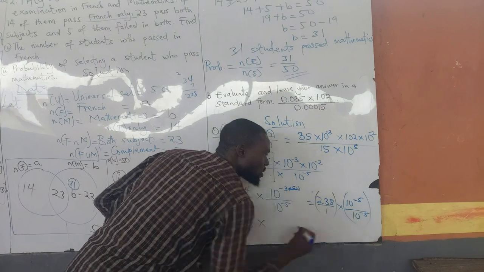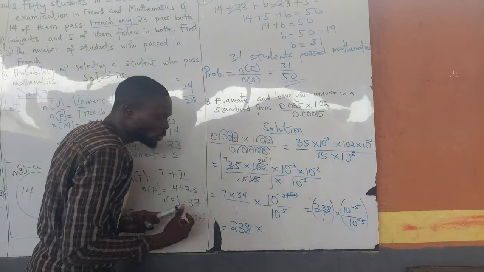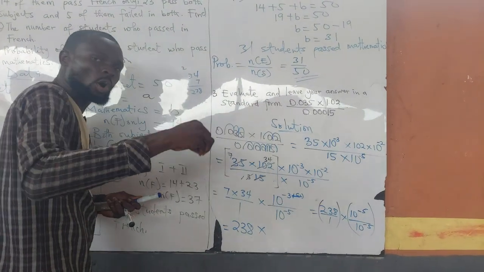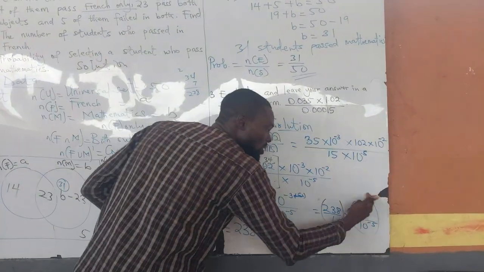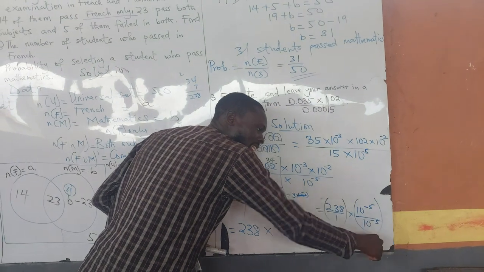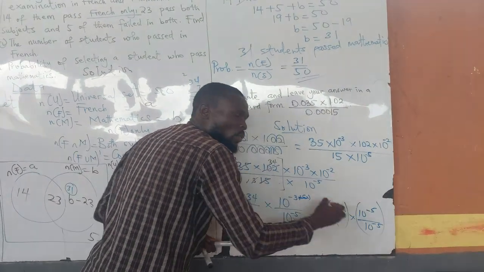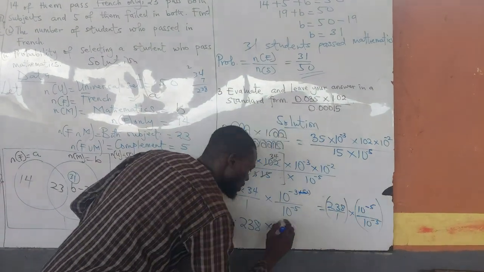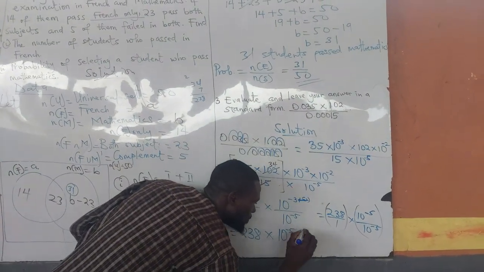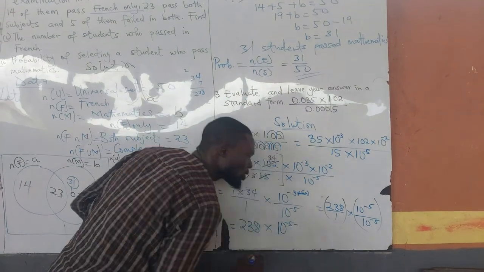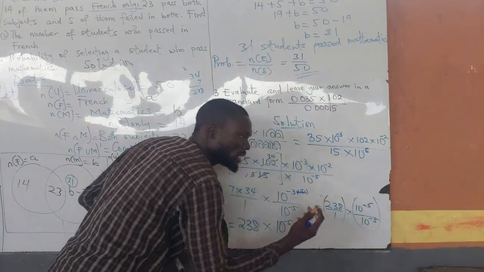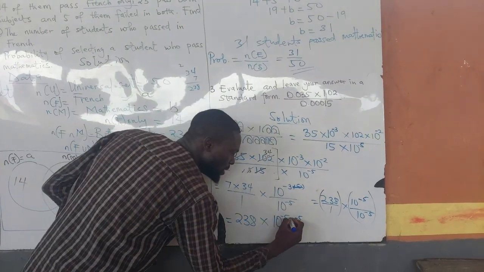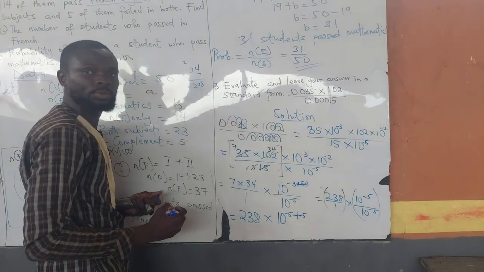When you look at this, we use the second law of indices. The second law says that if you are dividing and the bases are the same, we subtract the powers. This is the first number I have, 10 raised to the power negative 5, minus, the power here is also negative 5. If two negatives meet, it becomes positive.